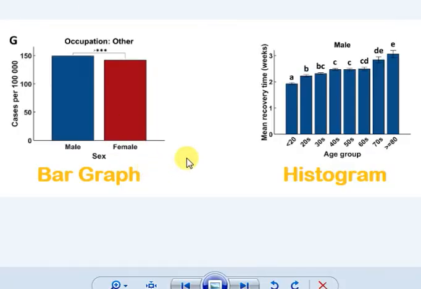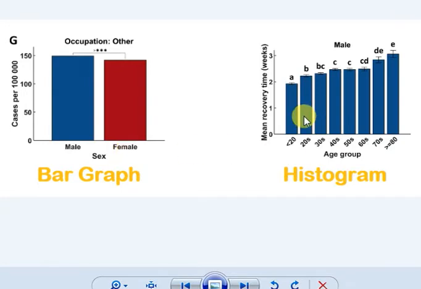And when we are counting, for example, how many countries have cases from 1 million to 2 million, how many countries have cases from 50,000 to 1 million, so if we have different ranges like this, we have to make a histogram, right? So this is the difference between the two. I hope you have understood this.